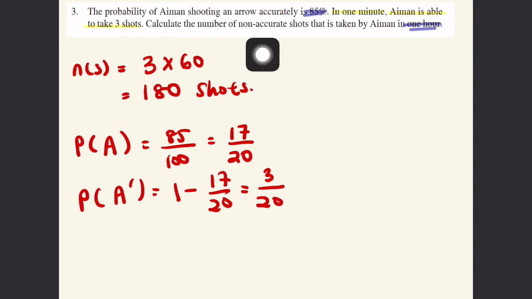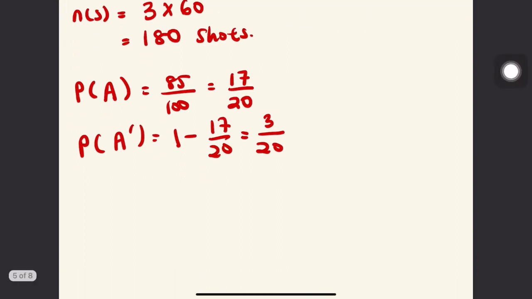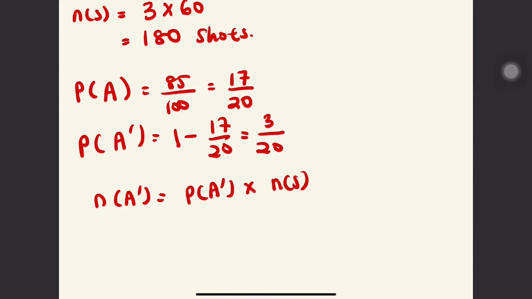So number of non-accurate is the probability of non-accurate times the sample space. So we have 3 over 20 times 180. We get 27 shots.